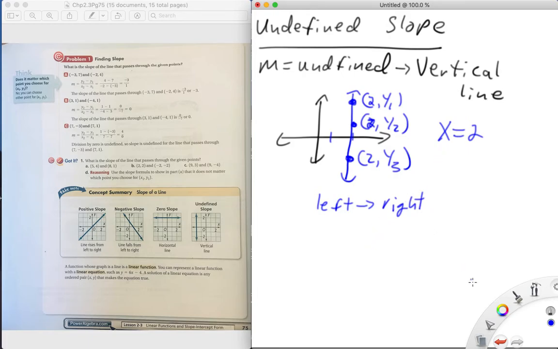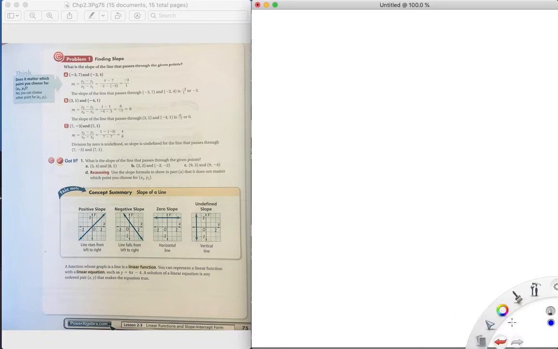Okay. All right. So now the slope equation for horizontal and vertical lines.